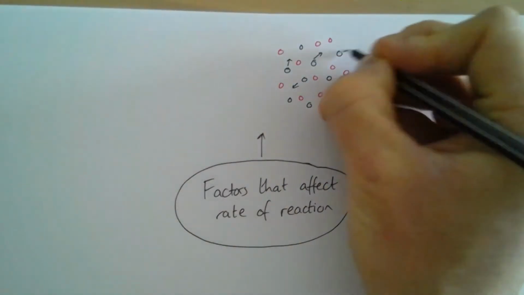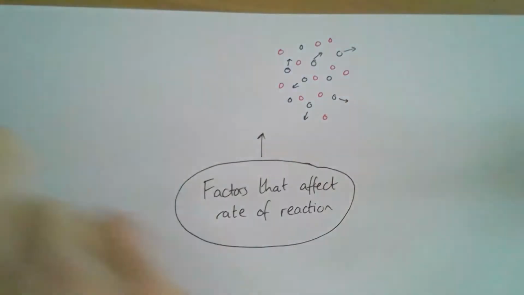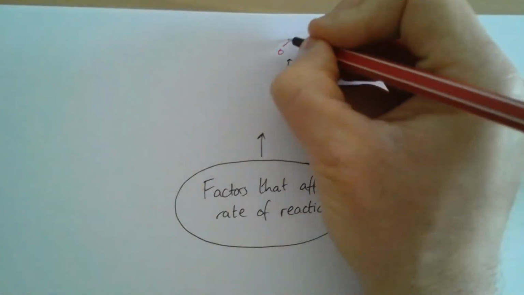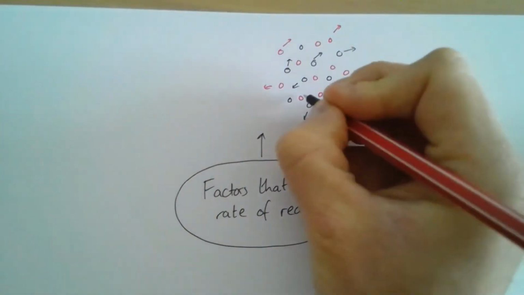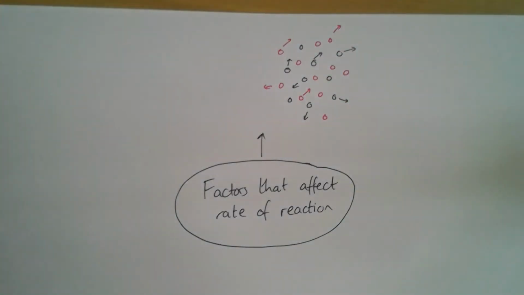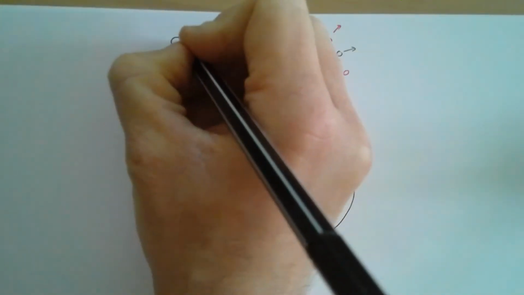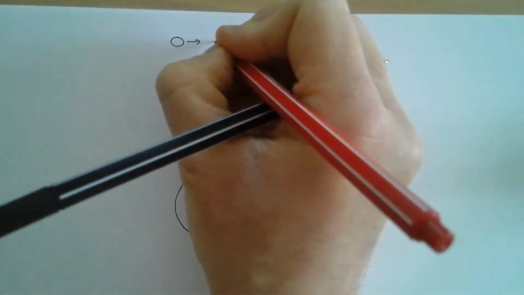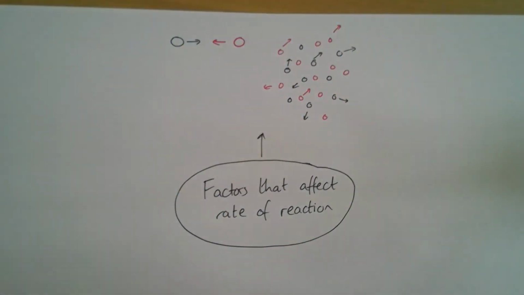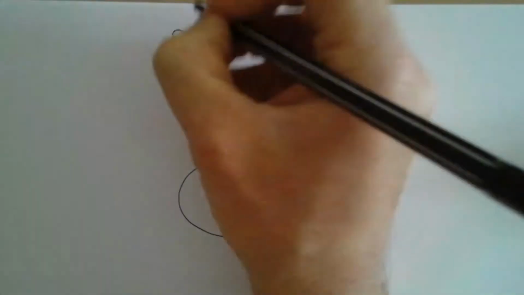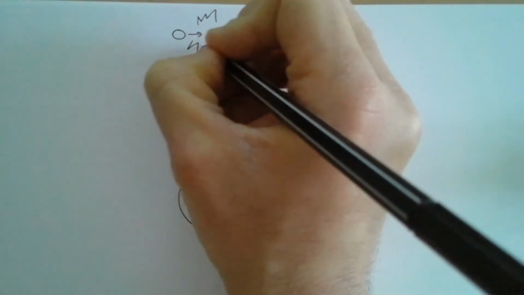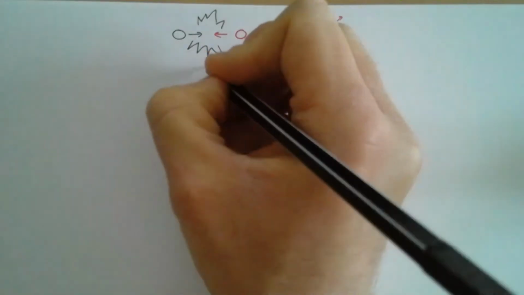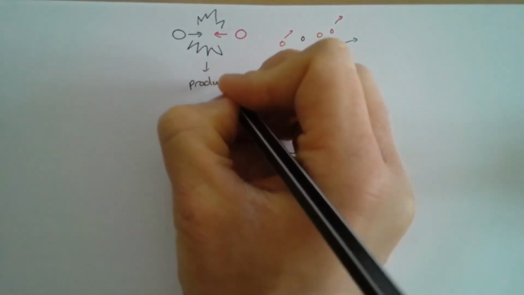And these are all moving around in a random direction. And when they move, there is a chance that 2 of them could hit each other with enough energy to overcome the activation energy. And remember, last time we called that a successful collision, and then they're going to make a product.